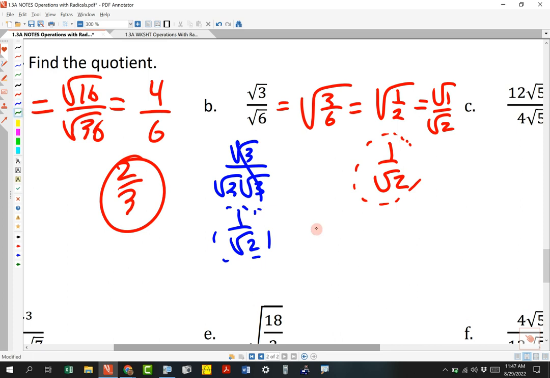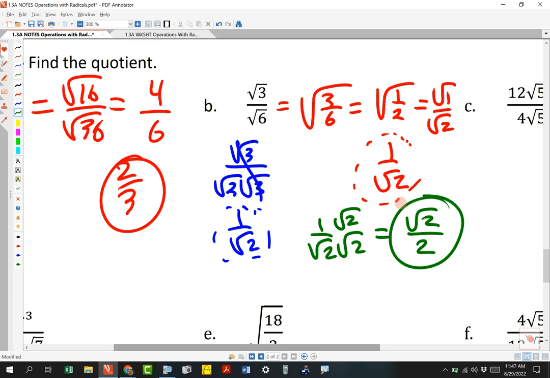Okay, I'm going to change to green, 1 over radical 2. Does anybody remember how we rationalized the denominator? How do I change that to a plain old nice number? Fractions are hard enough without having radicals in the denominator. Samara? You multiply by the radical of 2. Yep. And does anybody remember why we do that? Lizzie? Basically just multiplying it by 1.